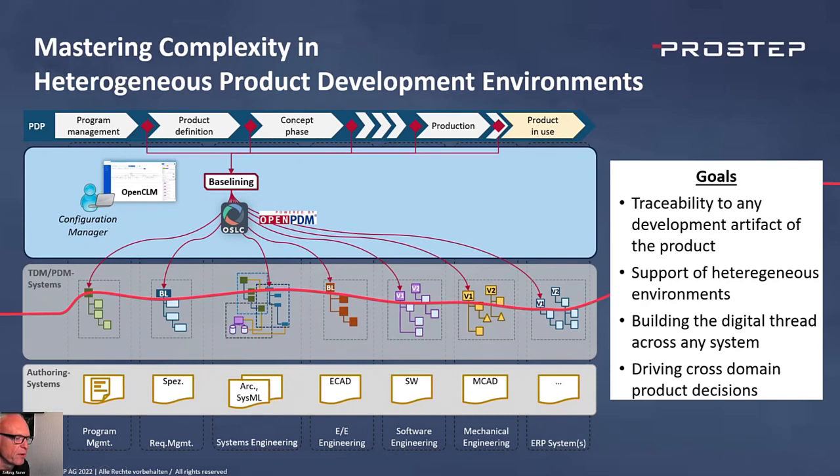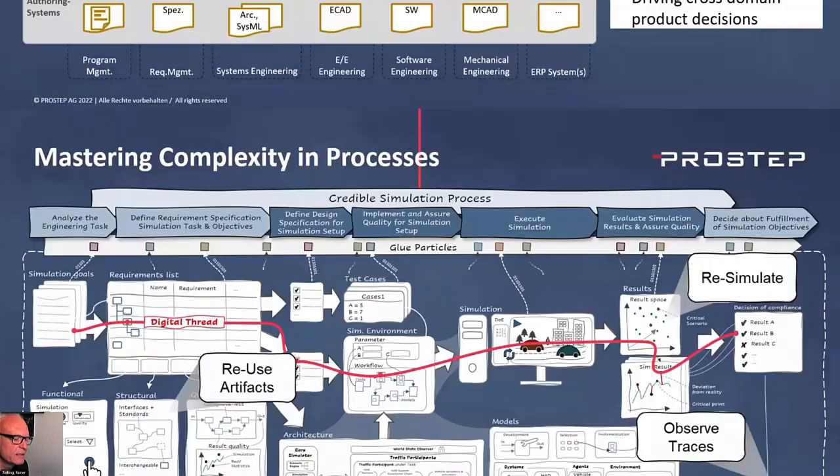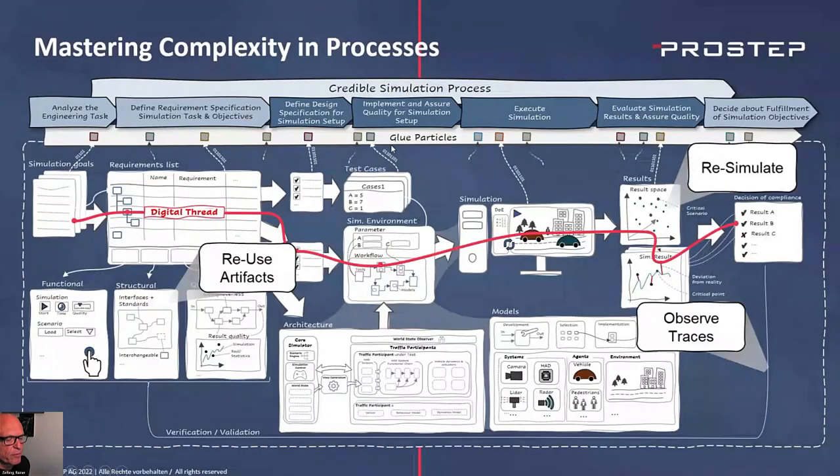That's if you look at it from a product side, and on the other hand, how do we look at it from a process side? That's for example the credible simulation process, where the main driver is the process itself. You want to reach a goal by following a specific process, and then of course you want to document the process as you move along, with product artifacts as well.